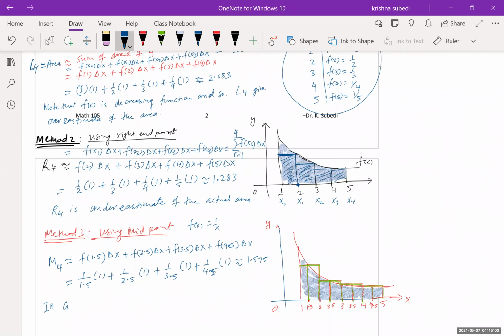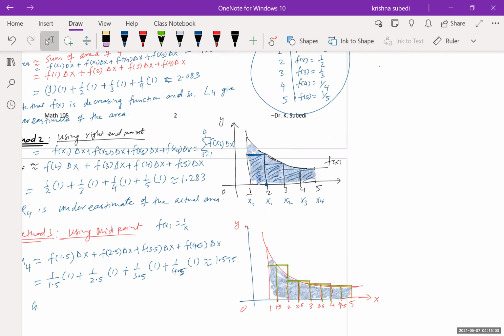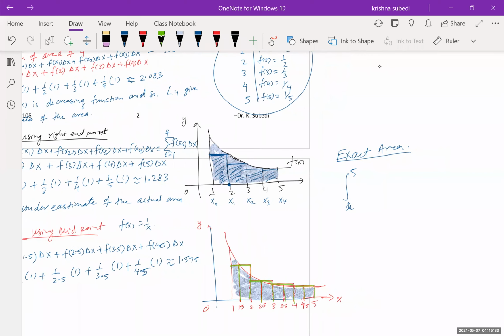So how to find the exact area? We'll be using the fundamental theorem of calculus. That's what we will be discussing in our next lesson in more detail, but I just want to give you a heads up and tell you what the exact area is and how we will calculate it. The exact area is the integral from a to b of f of x dx.